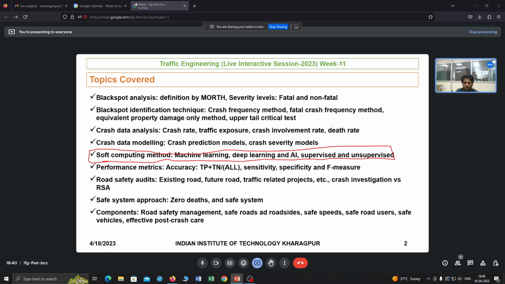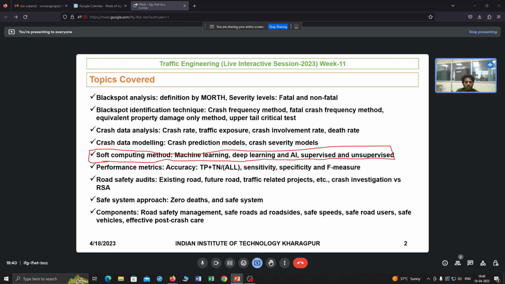The safe system approach has several components. First is road safety management: how do you manage road safety? Then how do you make safer roads and the associated roadsides, and then the safe speed. How do you define the safe speed?